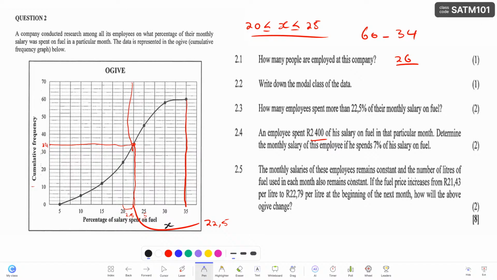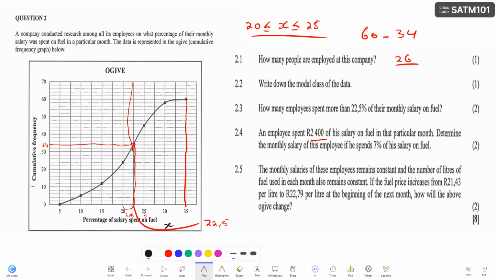If the fuel price increases from 21.43 per liter to 22.79 per liter at the beginning of next month, how will the ogive change? So the price of the fuel increases to 22.79. How will this affect our ogive?